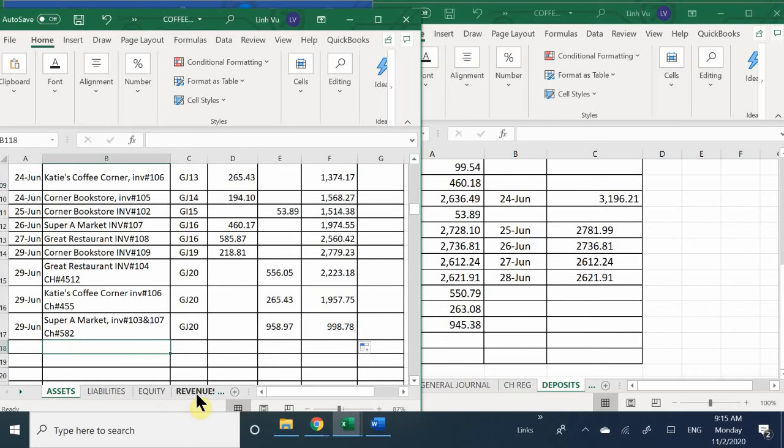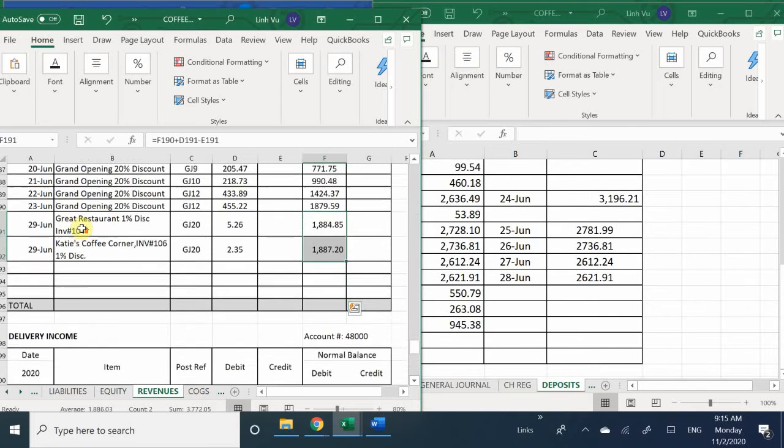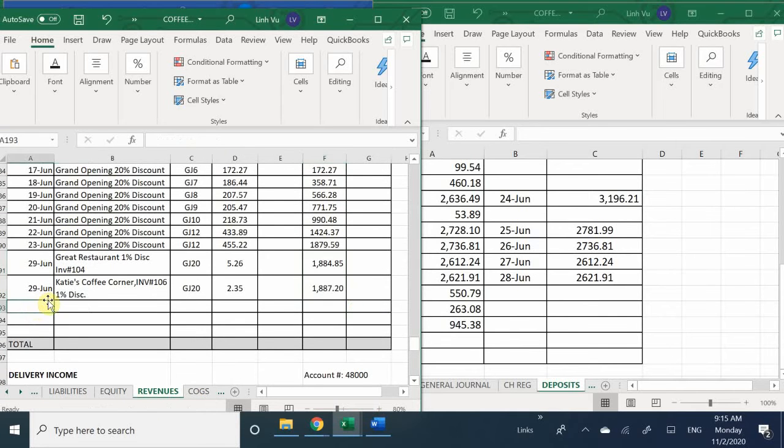Okay. And then lastly, what? Sales discount, revenue. Yes, we need, oh, I'm already here. So 629, right? Then Super A Market, invoice 103, 107, 1% discount.